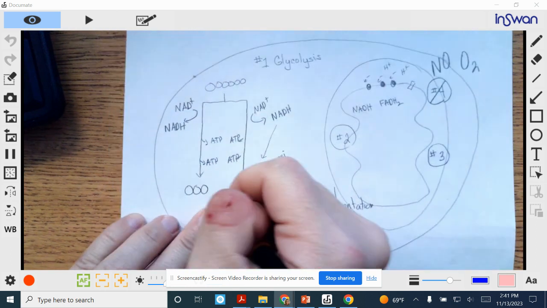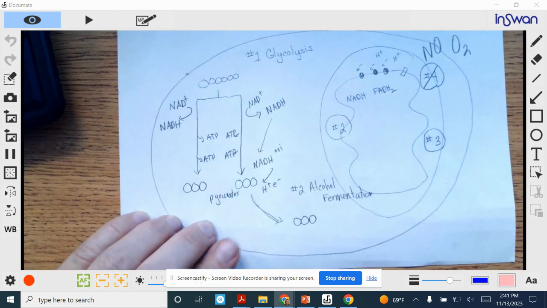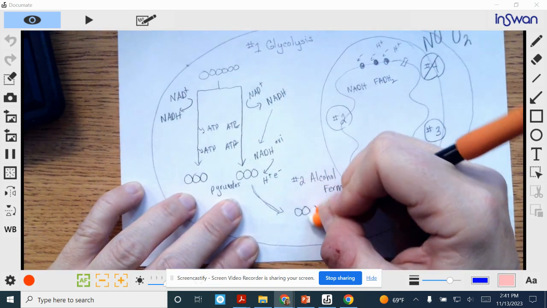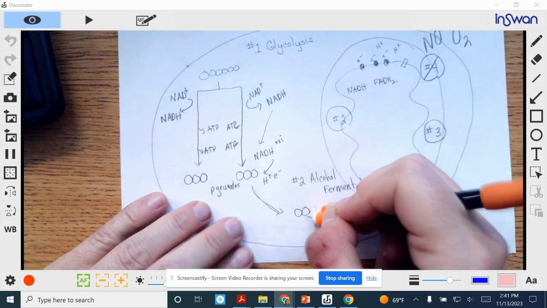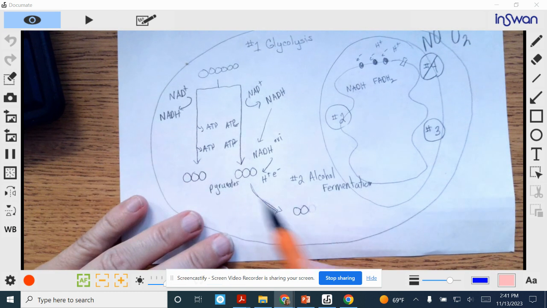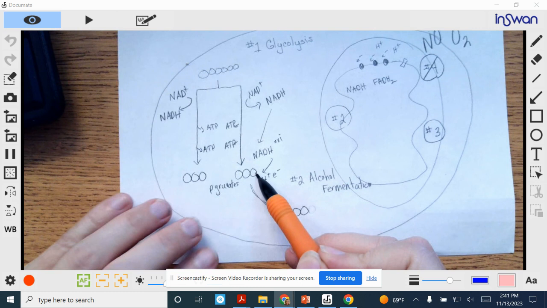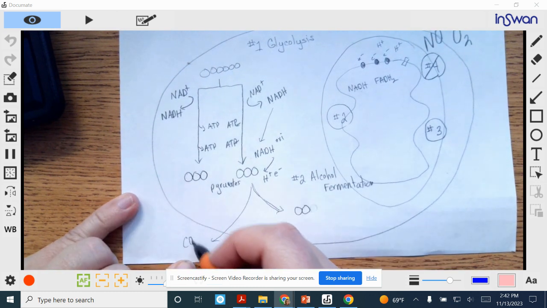So the pyruvates, let's indicate pyruvates. In one step, one of the carbon atoms is removed. Actually, I'm butchering this, so I'm just going to leave it like this. So it's two steps. We end up removing one of the carbon atoms as CO2. So let's show that we get CO2.